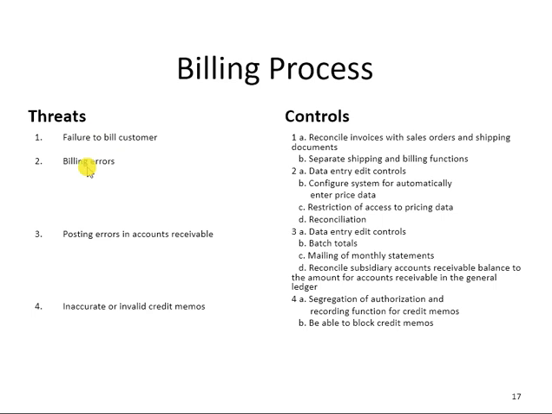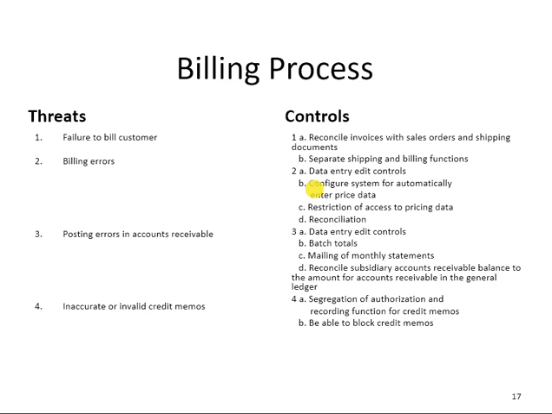And we also have billing errors. We have controls to deal with billing errors, that is, data entry controls, which we talked about, or configuring systems to automatically enter the price data. So the price data will be obtained directly from the pricing master files.